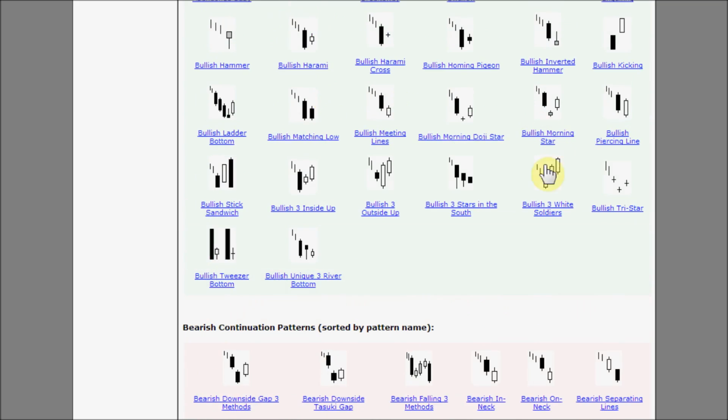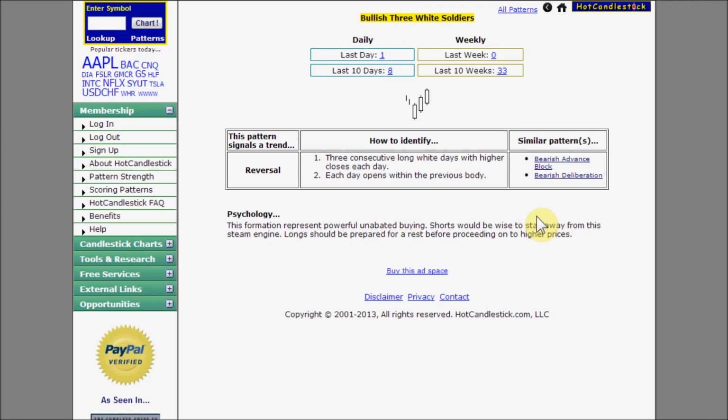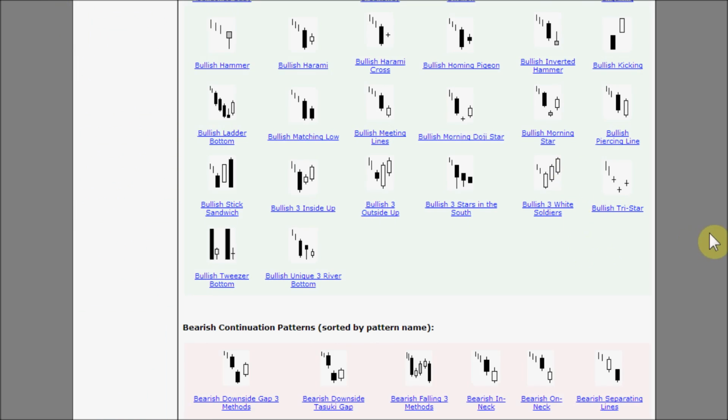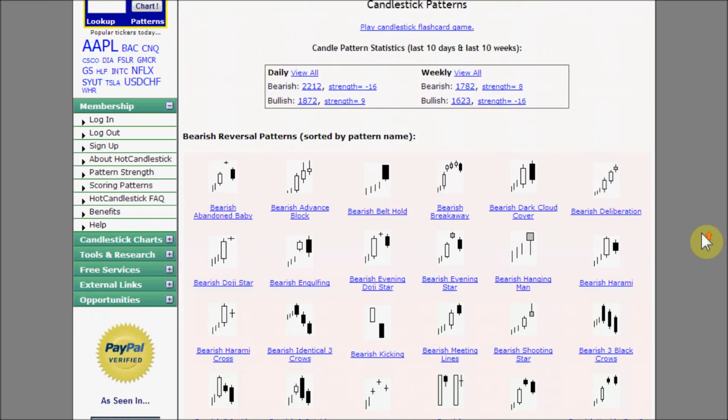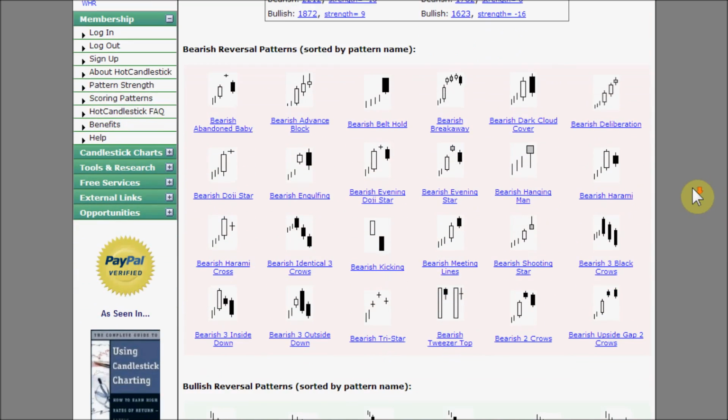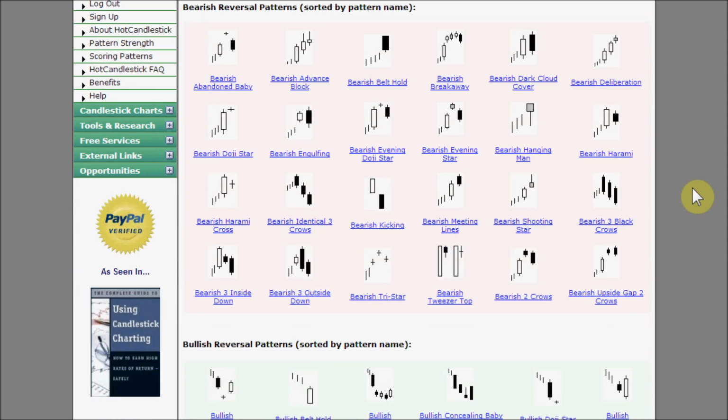When you click on something like the three white soldiers, it tells you a little about each one. Some of them, he says more. It gives a really good idea of what's happening now, and it also tells you what to look for as far as the following day or two confirmation signals. It's called hotcandlestick.com, and I highly recommend this site if you want to study all of the many different kinds of reversal or continuation patterns.